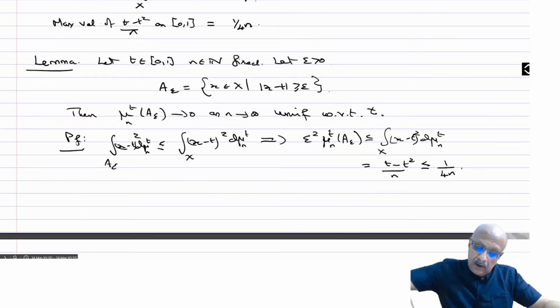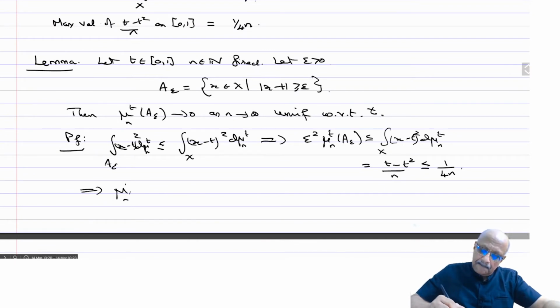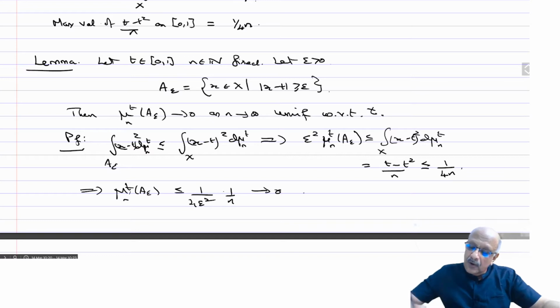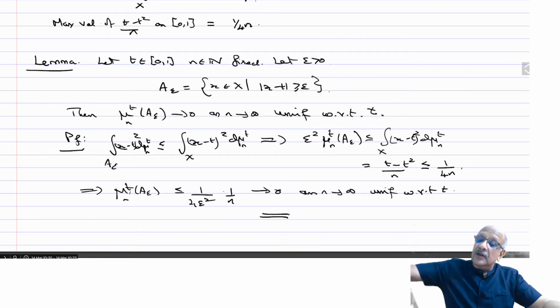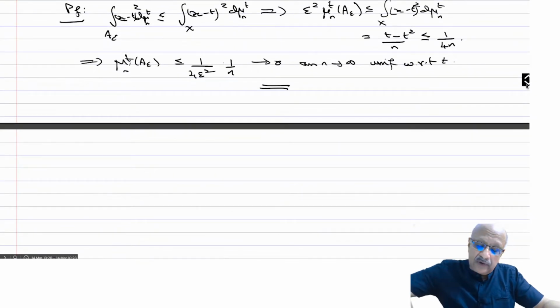So this implies that mu nt of A epsilon is less than or equal to 1 by 4 epsilon square into 1 by n, and that goes to 0 as n tends to infinity, and the rate at which it goes to 0 is independent of t, so uniformly with respect to t. Because this right hand side is independent of t, that convergence is uniform with respect to t.